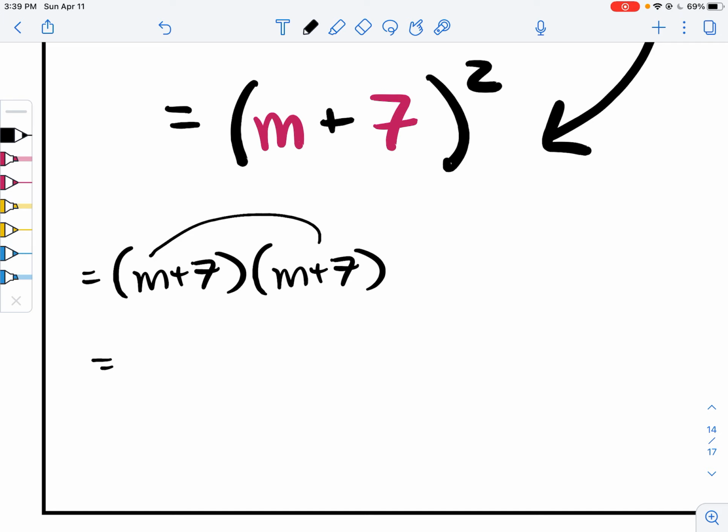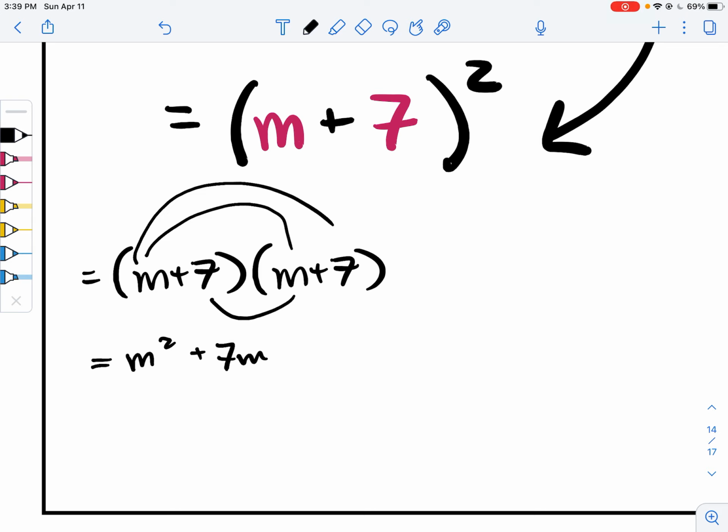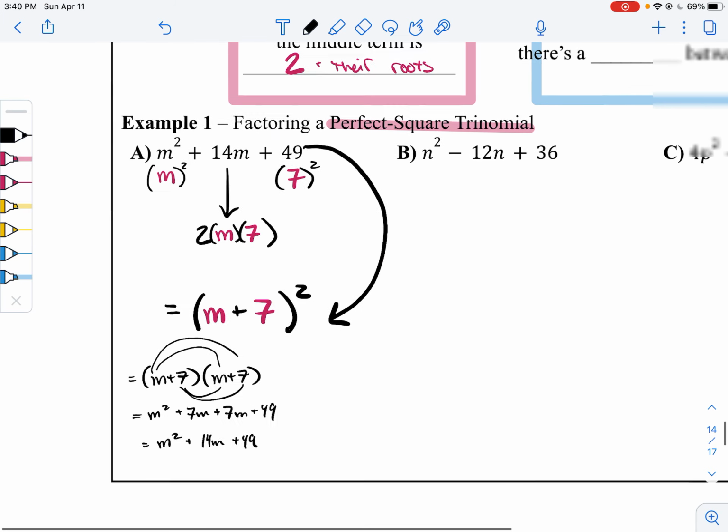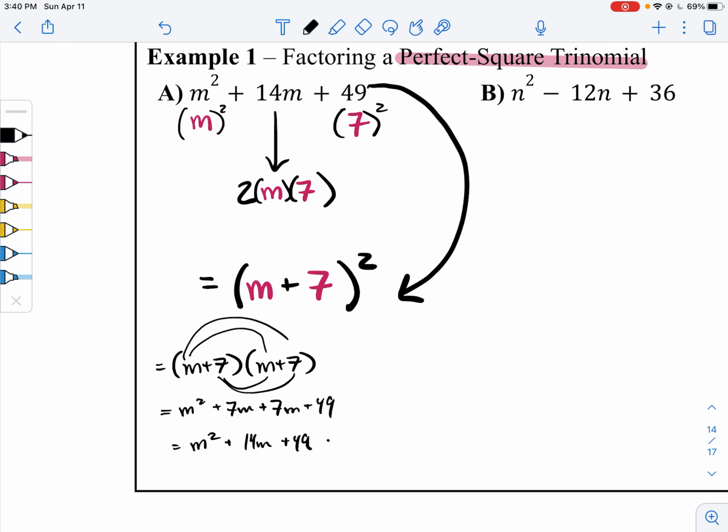That would give us m squared plus 7m plus 7m plus 49, which is m squared plus 14m plus 49, which, hey, what a coincidence. That's exactly what we started with. Therefore, this is how to factor it.